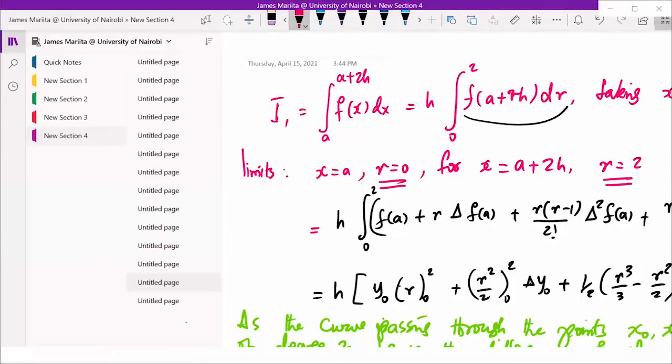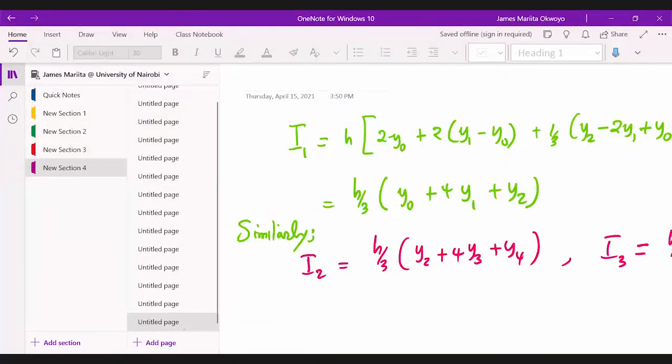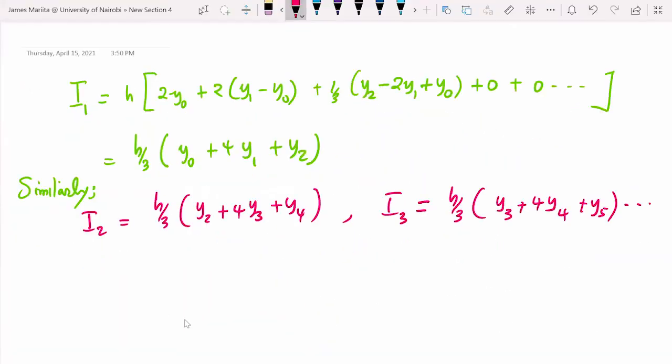Then now, when we come to this, we have twice y naught plus twice y1 minus y naught plus 1/3, y2 plus 2y1 plus y naught. So this will be h over 3.